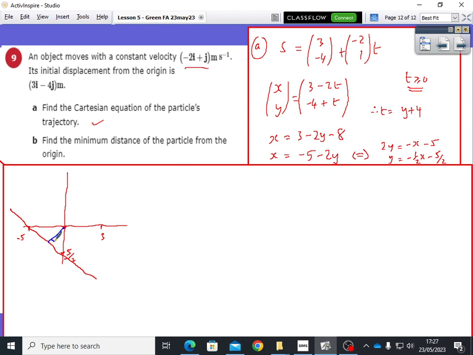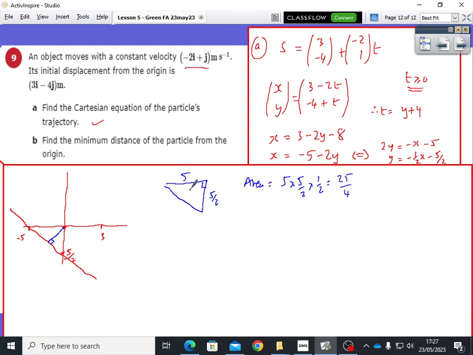Now you can work this out a few ways. I'm just going to use Pythagoras and area of a triangle. If I did area of a triangle, I'm just going to draw it here, if this was the triangle, that will be 5 over 2, that will be 5, and the area will equal, because they're 90 degrees there, 5 times 5 over 2 times a half, I'm going to get 25 over 4.